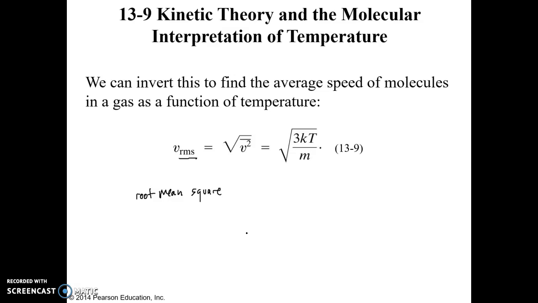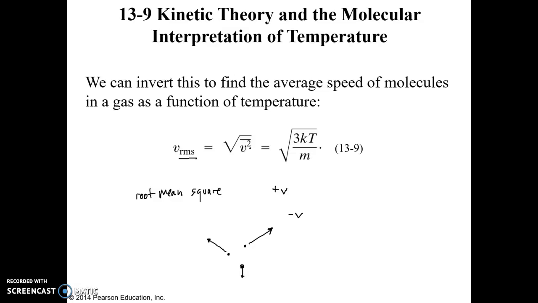Well, the reason is because, remember, velocity is a vector. And so these gas molecules are going off in every direction, all over the place. And so you might have some that have a positive velocity and others that have a negative velocity. And we just want them all to be positive. We just want to know the magnitude of the velocity, the absolute value of the velocity.